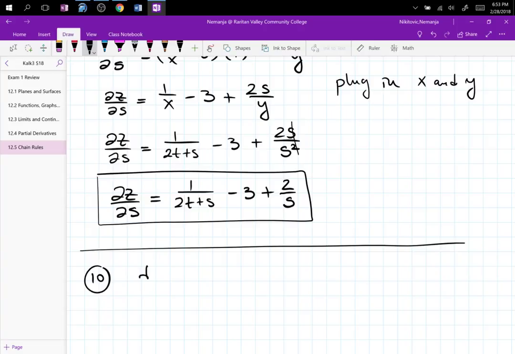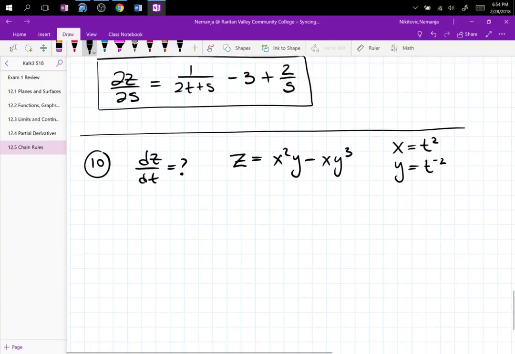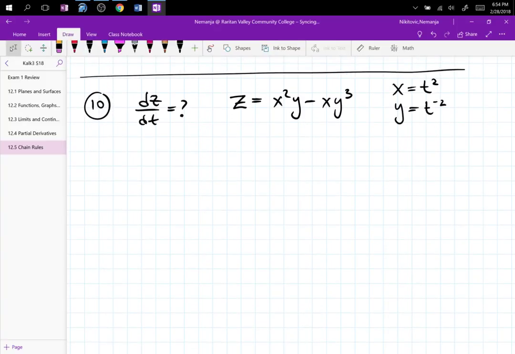They are looking for dz/dt, where z is given as x squared y minus xy cubed, x is given as t squared, and y is given as t to the negative 2. Have fun.